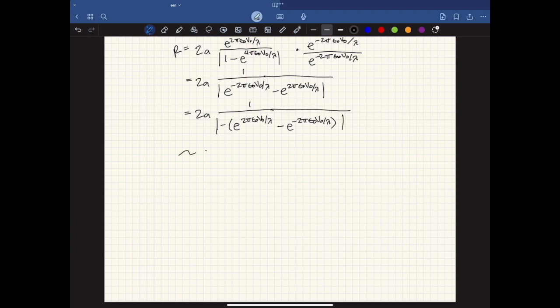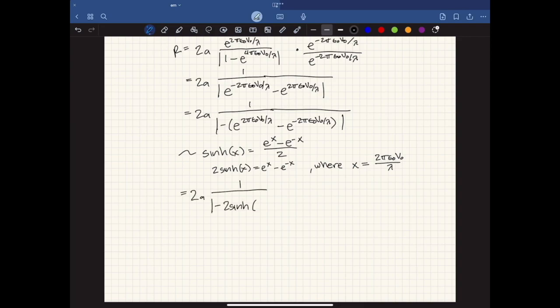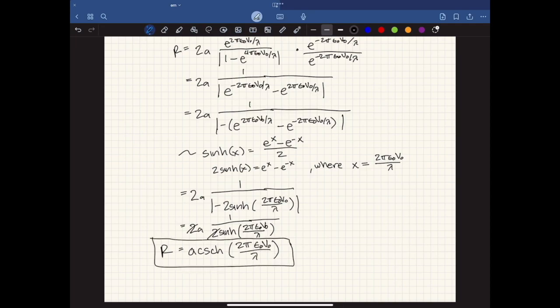And this time we can use this relation, where x equals 2 pi epsilon naught V naught over lambda. And we end up with this for the radius of the cylinder corresponding to that given potential V naught.